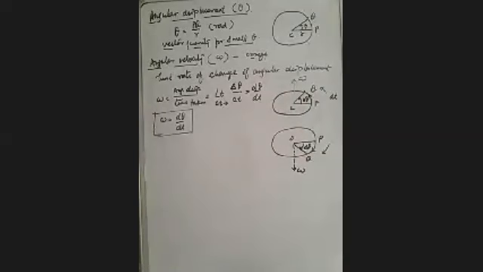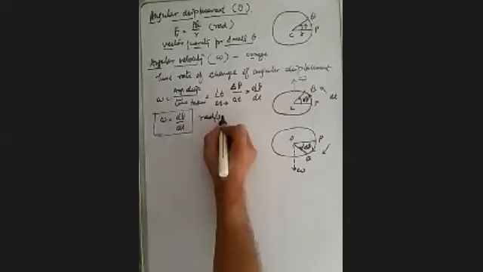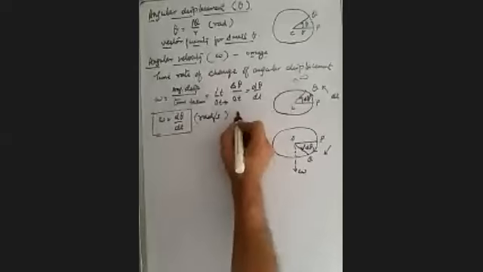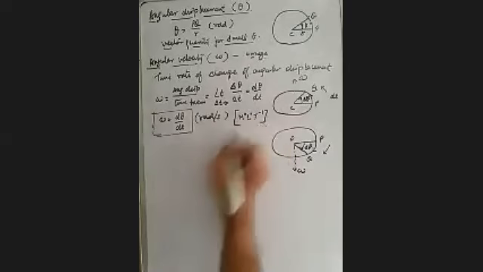And the unit of angular velocity is radian per second. So it was radian in that case. Now the unit in this case is radian per second, and the dimensions will be M^0 L^0 T^-1.